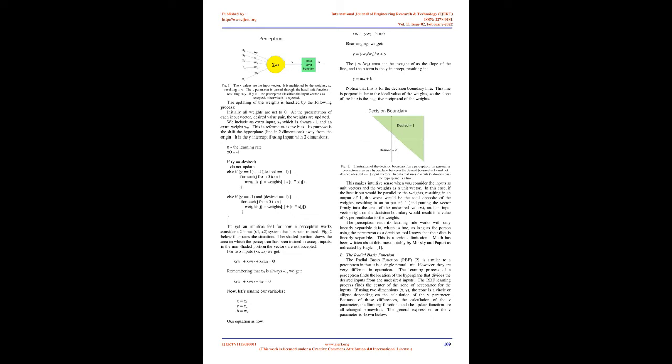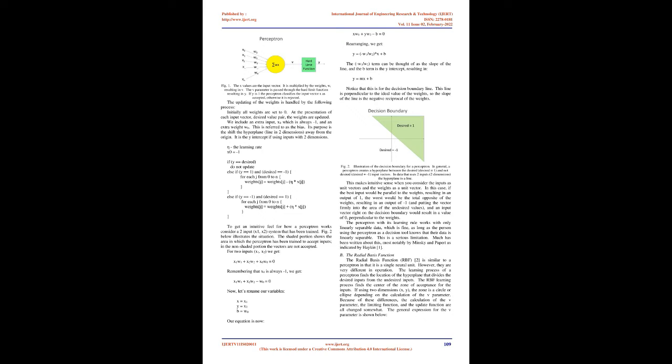In this case, if the best input would be parallel to the weights, resulting in an output of 1, the worst would be the total opposite of the weights, resulting in an output of -1, and putting the vector firmly into the area of the undesired values, and an input vector right on the decision boundary would result in a value of 0, perpendicular to the weights.